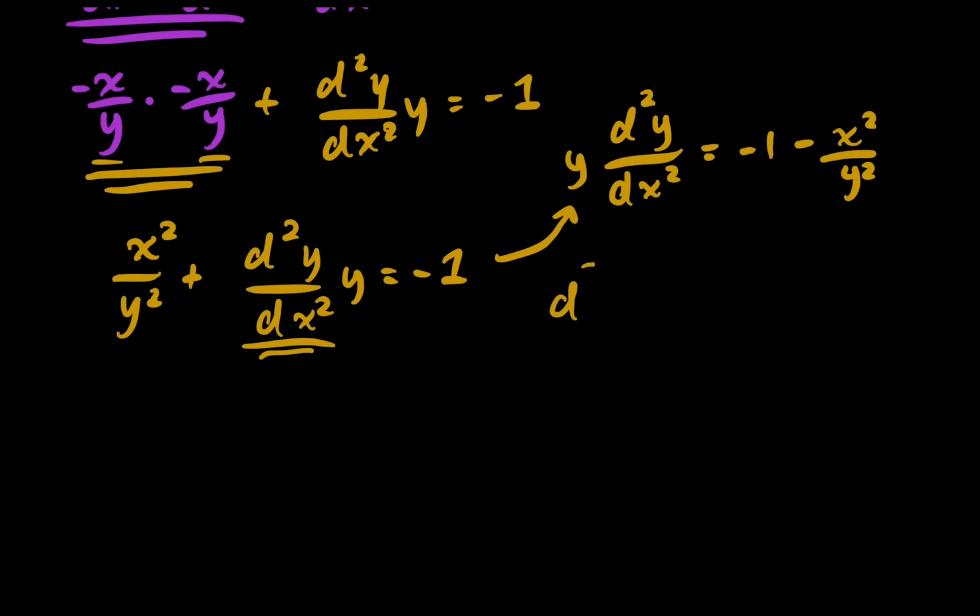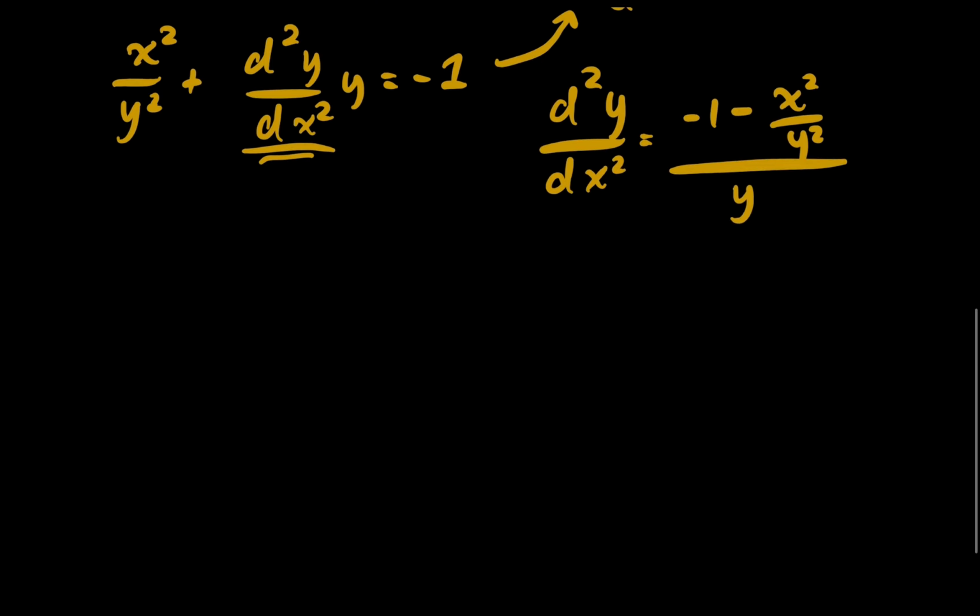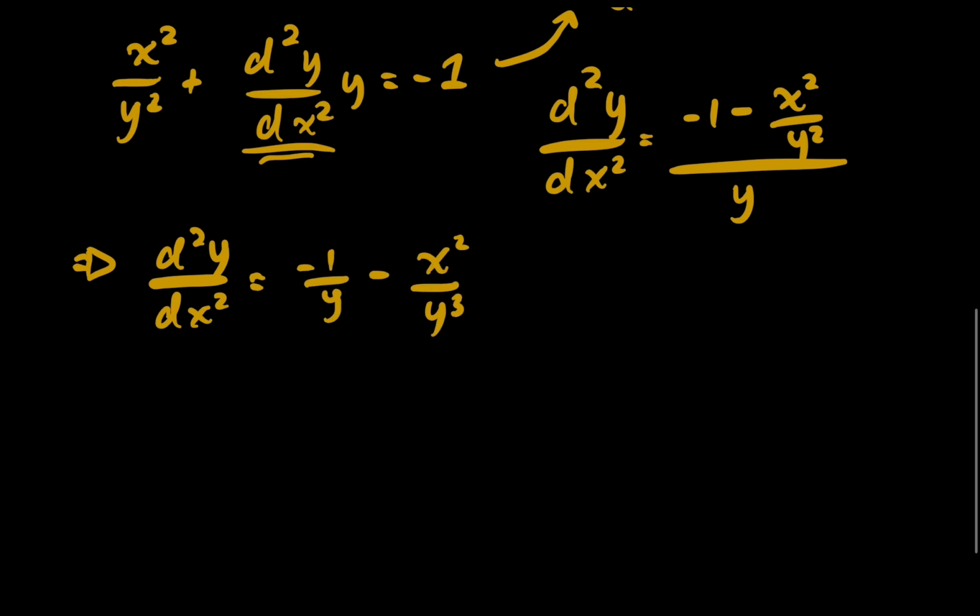We get negative 1 minus x squared over y squared, divided by y. We can simplify this even more: the second derivative of y with respect to x is equal to negative 1 over y minus x squared over y to the third. That is our final answer.